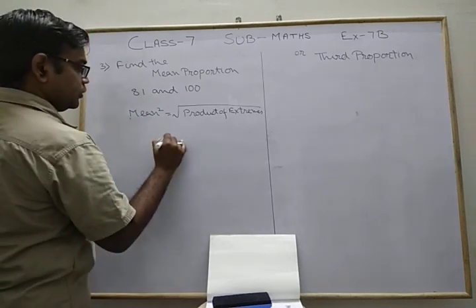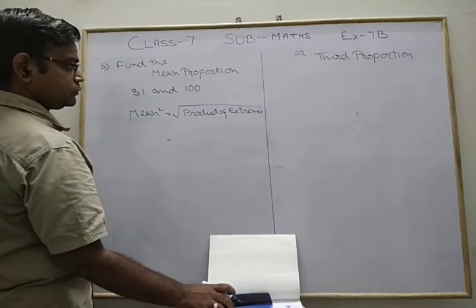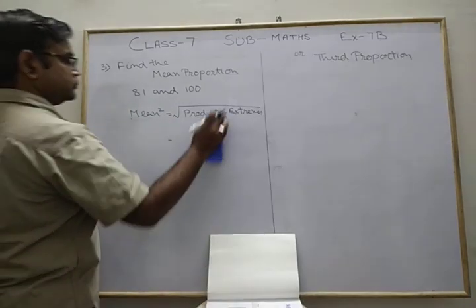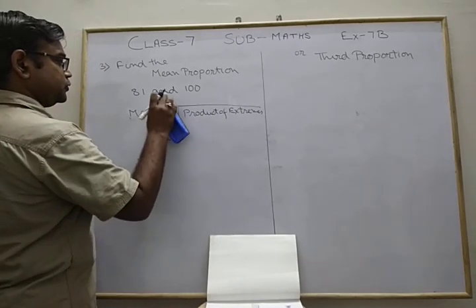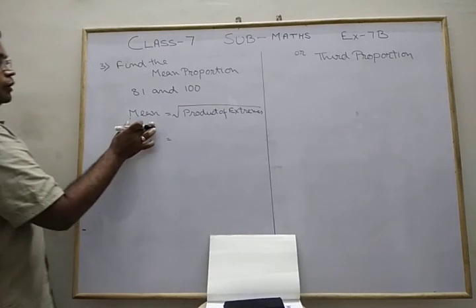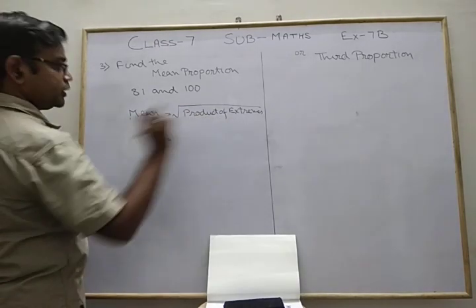So how do we find it? Mean equals the square root of the product of extremes.